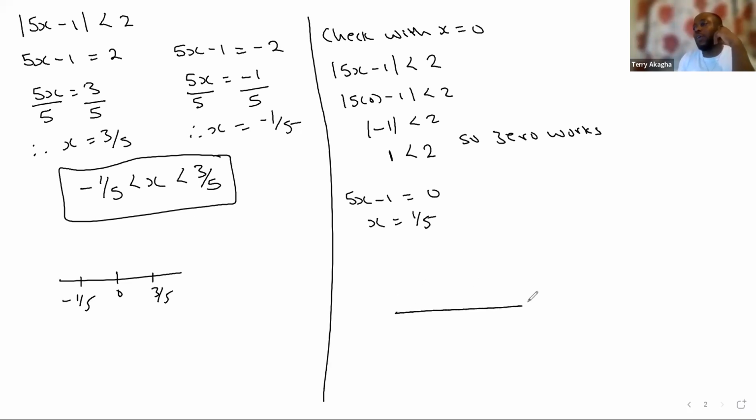We can draw the graph now. So we already know that this is 0. So let's say this is 3/5 somewhere here. And we already said here is 1/5 or -1/5. So let's say 1/5 is here. Okay. So we can draw this now.